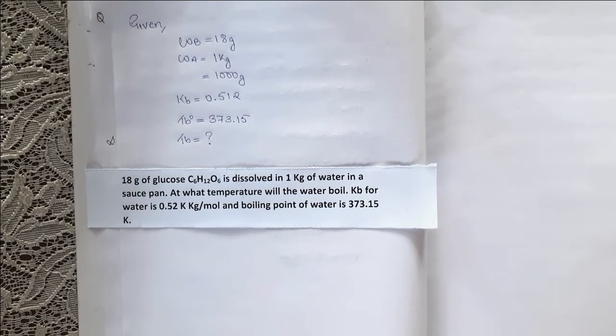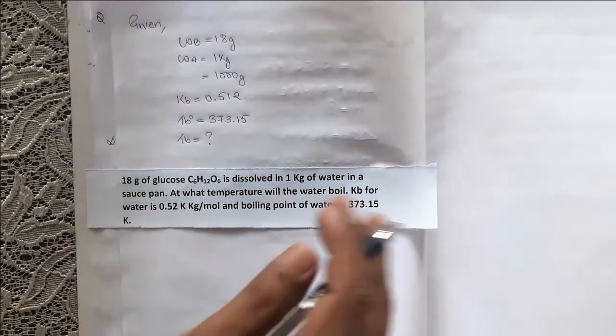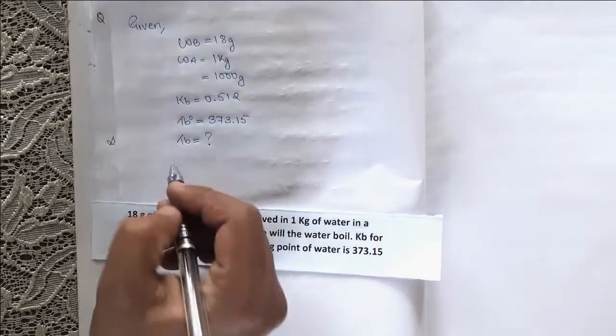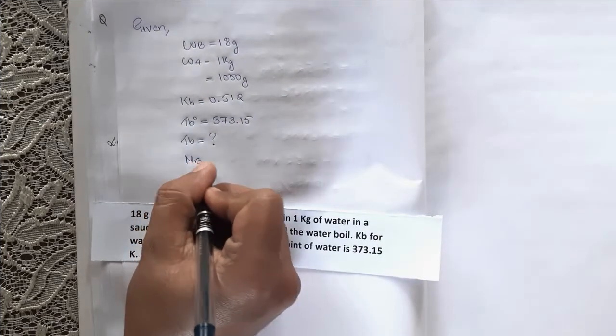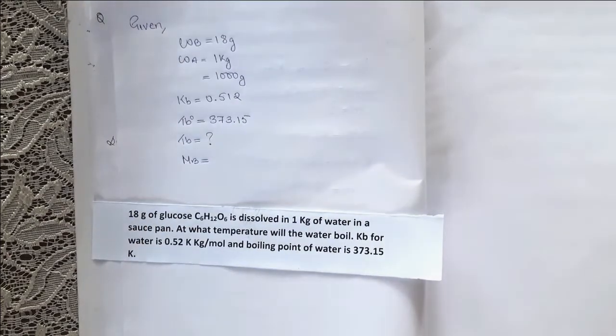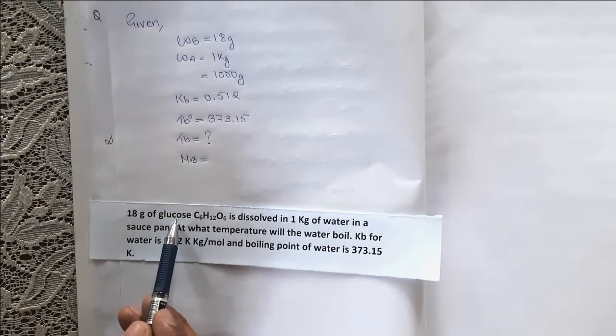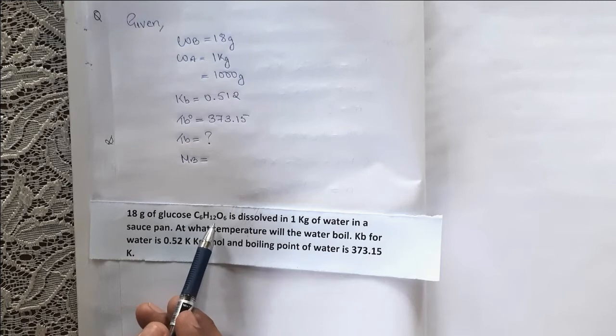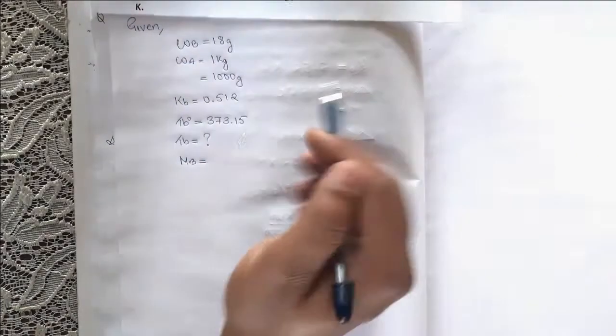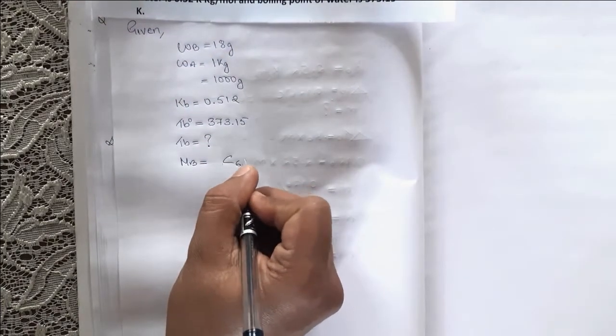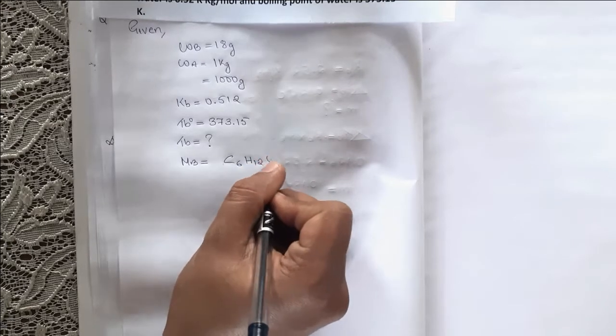So what else do we still need? We need MB, which is the molar mass of the solute. So out here, what is the solute? The solute is glucose, right? C6H12O6. So I'll just write the molecular formula C6H12O6.